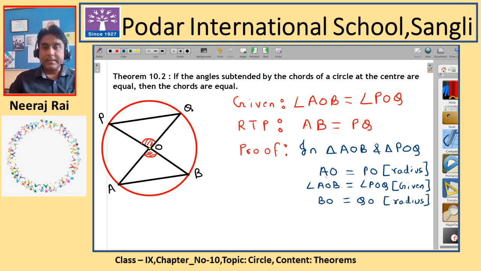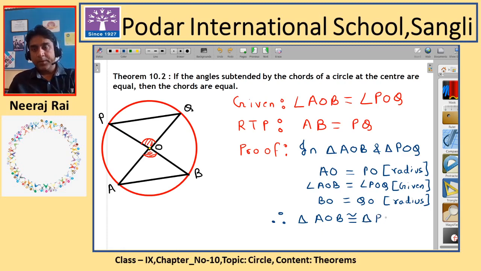So we can see side, angle and side. In two different triangles, the side, the included angle and the side are equal. So we can say that by side angle side criteria of congruency, these two triangles are congruent. So we can write, therefore, triangle AOB is congruent to triangle POQ by SAS congruency rule.